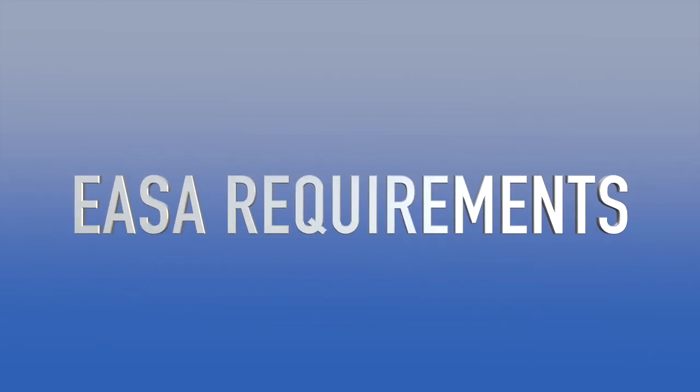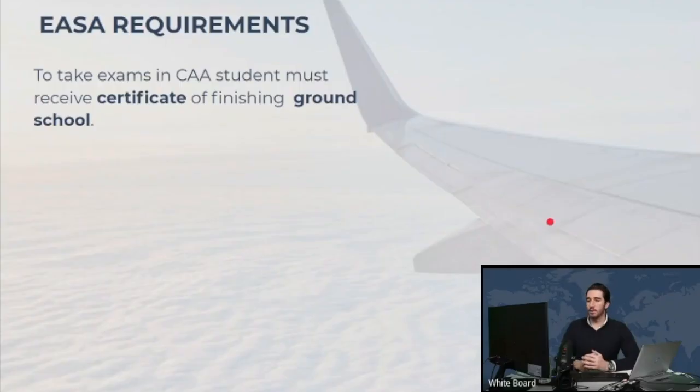What you need in order to take these exams is a certificate, a ground school certificate. The school will give you a certificate which states that you followed all the lessons, okay?